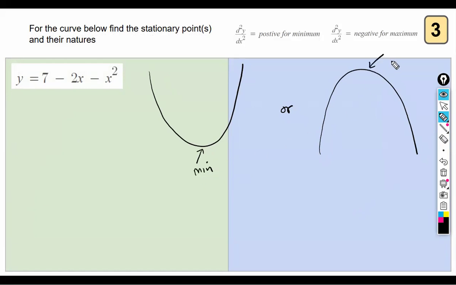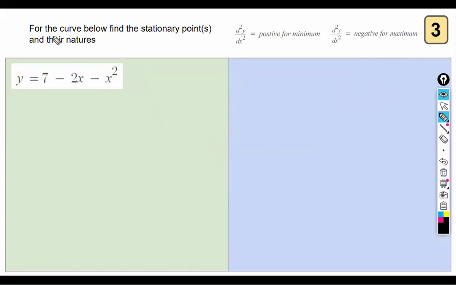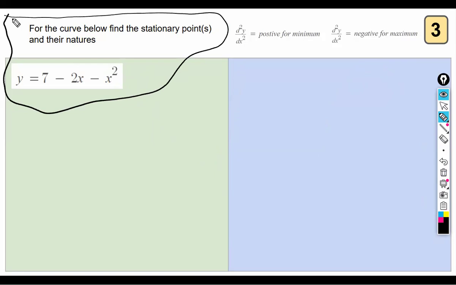And if it's shaped like this, it's a maximum. For this curve, we have to figure out whether it's a maximum or a minimum, and also the coordinates of the maximum or minimum point. Do me a favor, just take down the question, and we will work it out together as a team.